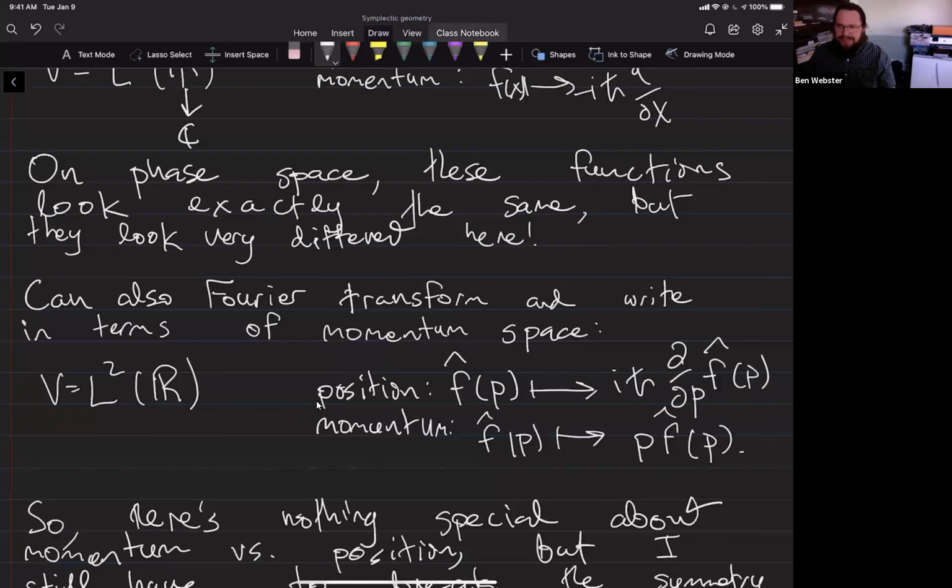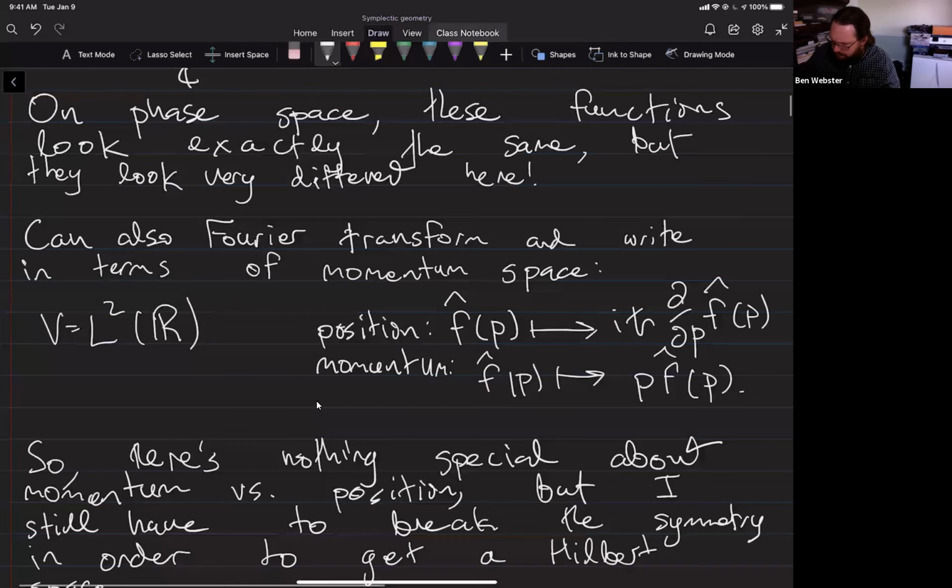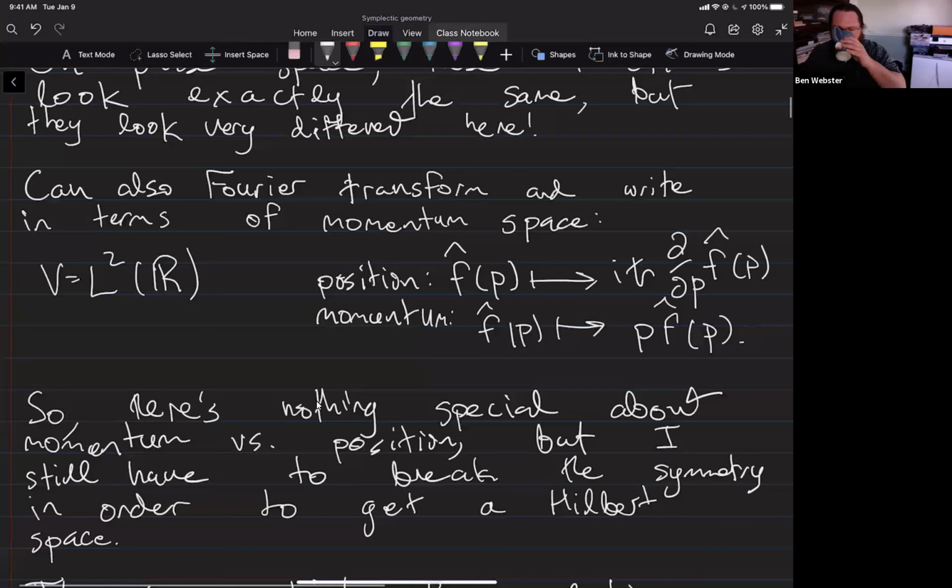This is a little mysterious: why do the usual presentations of quantum mechanics have this weird asymmetry in them? So somehow getting this Hilbert space requires some kind of symmetry breaking. As you saw if you looked at the website for the title of the lecture, the key issue here is we're trying to do geometric quantization.